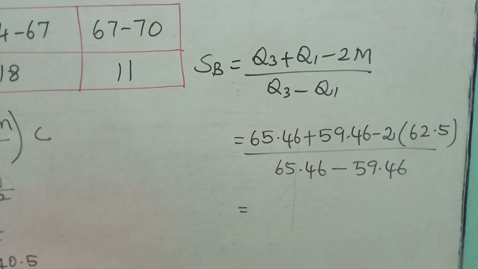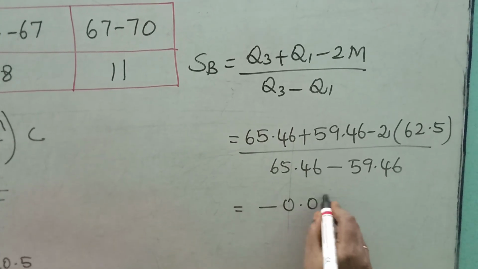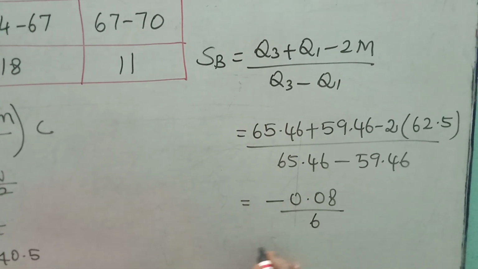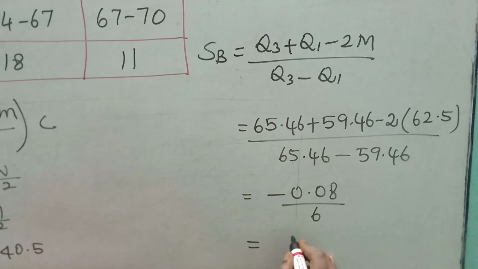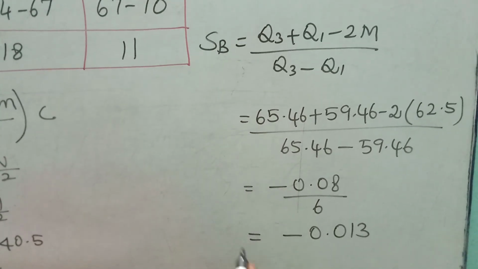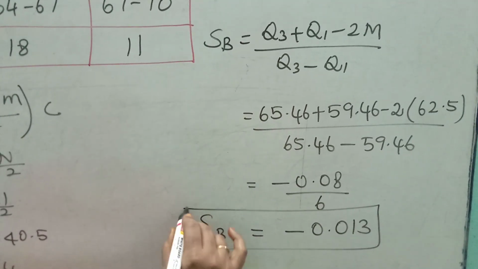Simplifying the numerator, we get minus 0.08, divided by denominator value 6. Dividing that, we get minus 0.013, which is Bowley's coefficient of skewness. This is the final answer.